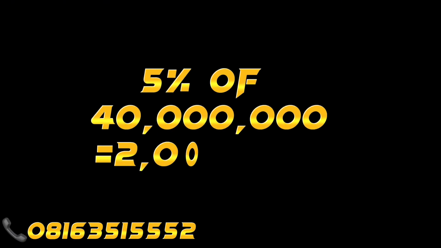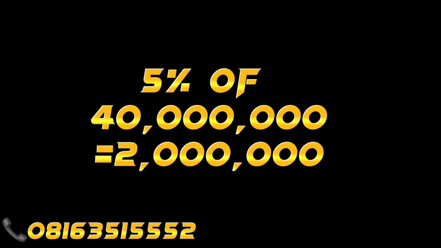So as an investor, if you invest 40 million naira to acquire this particular property, what you'll be getting as a return on investment annually is 5%, and 5% of 40 million naira is 2 million naira. So you'll be getting a return on investment of 2 million naira per annum for the property we use as a case study, where the investment cost is 40 million naira.